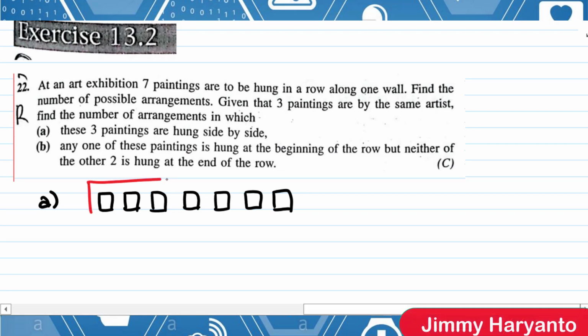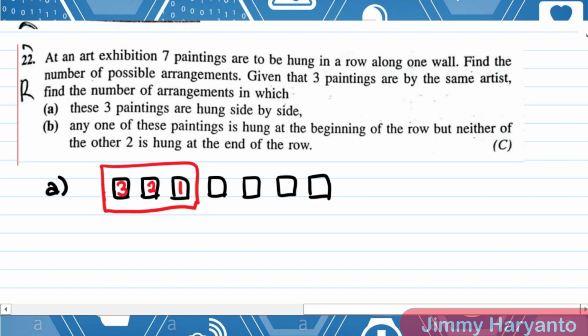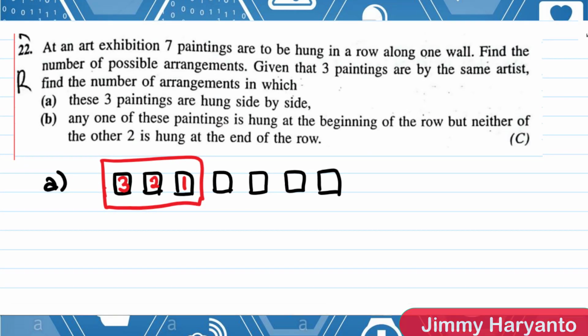Okay, so for the first, the 3 paintings are hung together side by side, yeah. So we have 3 possibilities for the first one, 2 possibilities and 1 possibility. And then for the next we have 1 box, 2 boxes, 3 boxes, 4 boxes, 5 boxes to be arranged.